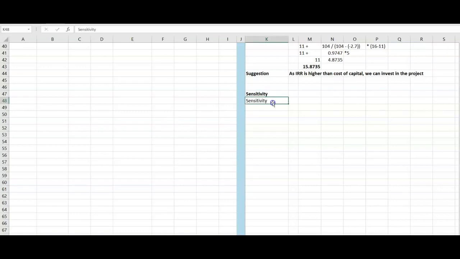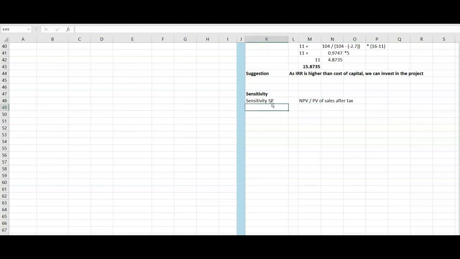Sensitivity to selling price. So the formula works like this. It's NPV divided by present value of sales after tax. That's about the sensitivity.